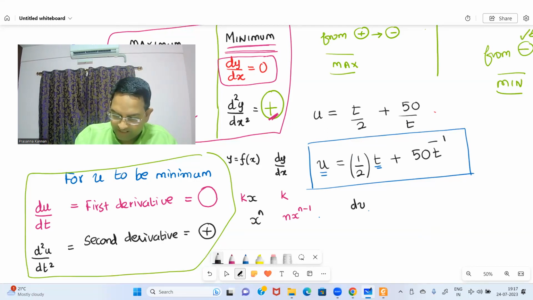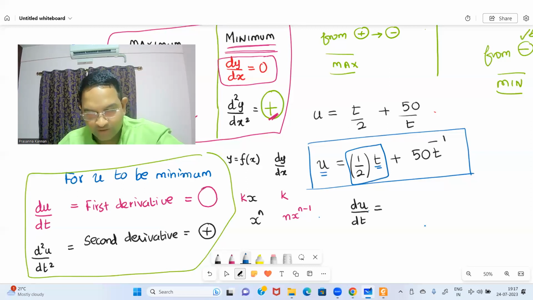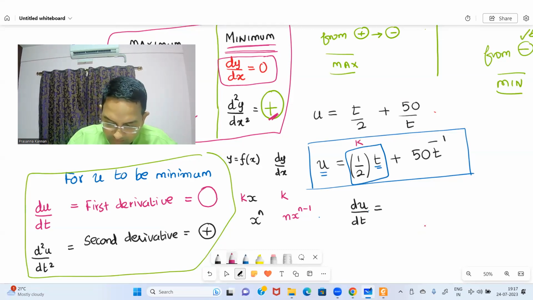First step, we are finding du by dt. What is the differentiation of half t? Half is a constant, so isn't it like kx? What is the differentiation of kx?